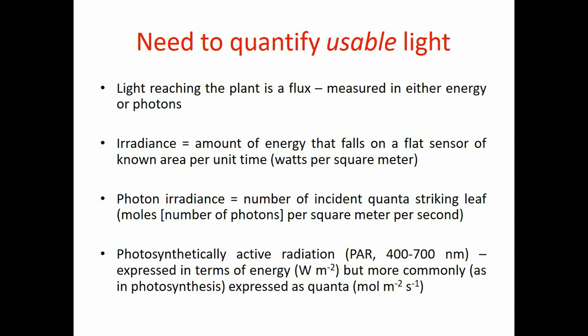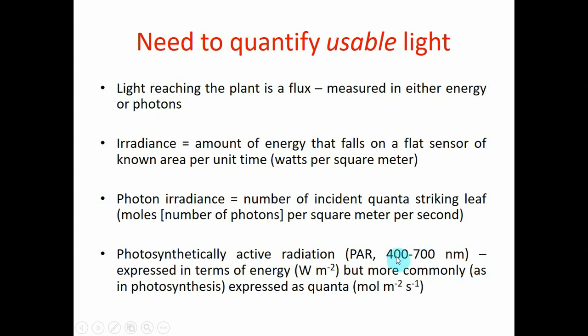Everybody should remember that photosynthetically active radiation, PAR, is between the wavelengths of 400 to 700 nanometers. Remember, 400 will be that blue, blue-purple zone, and 700 will be that red-orange zone.